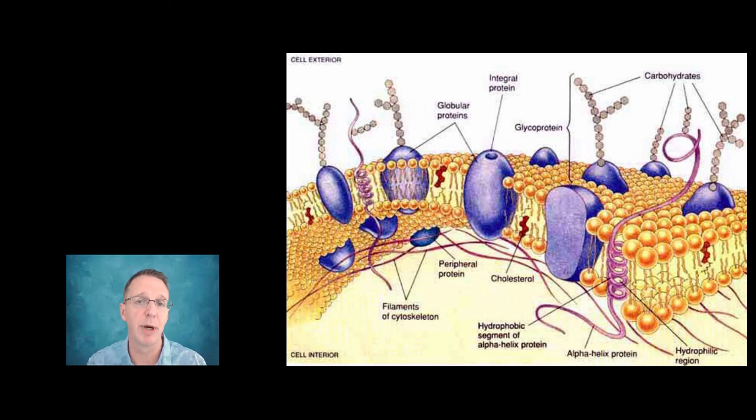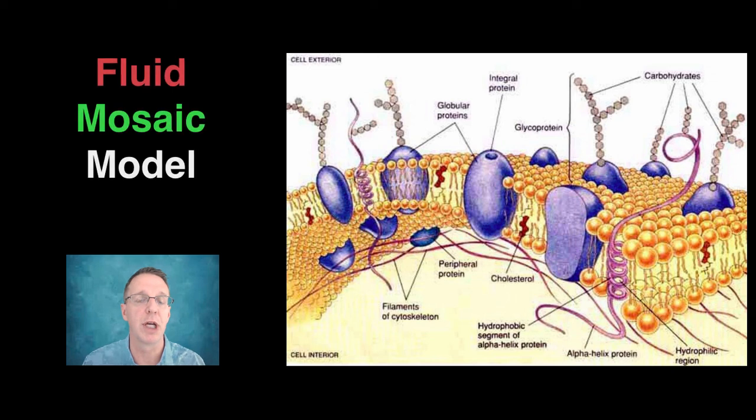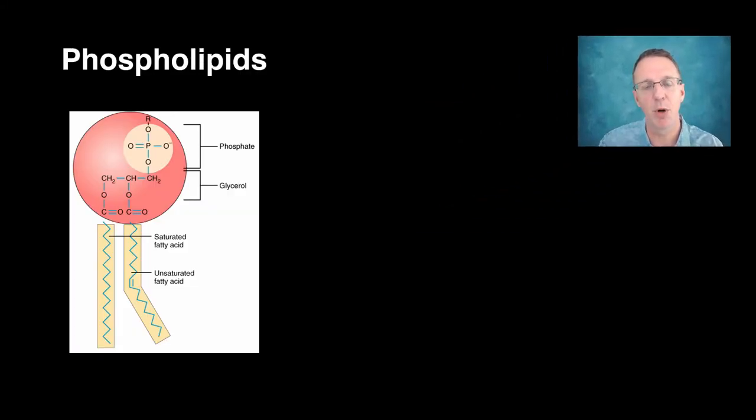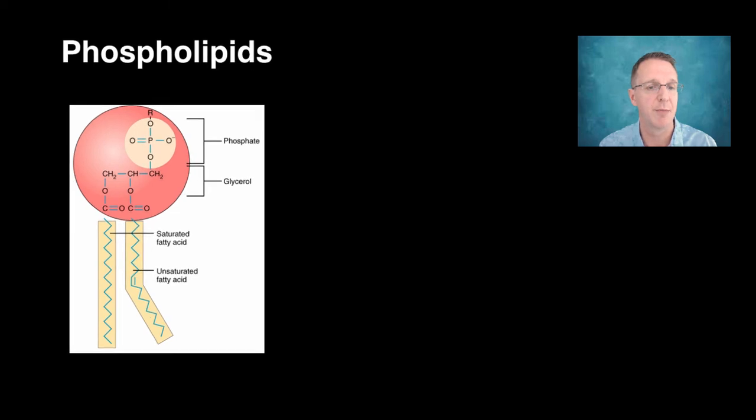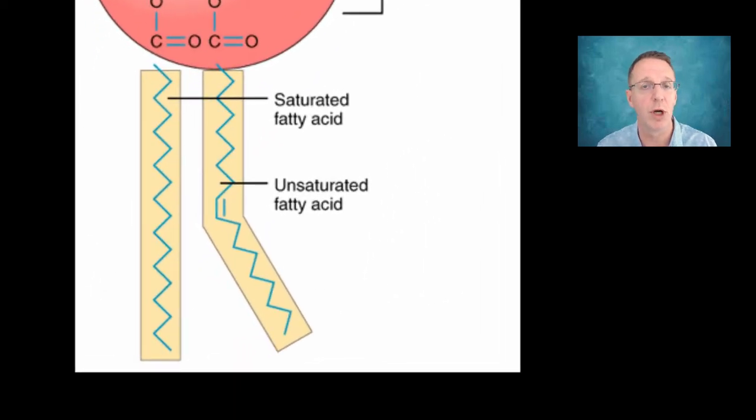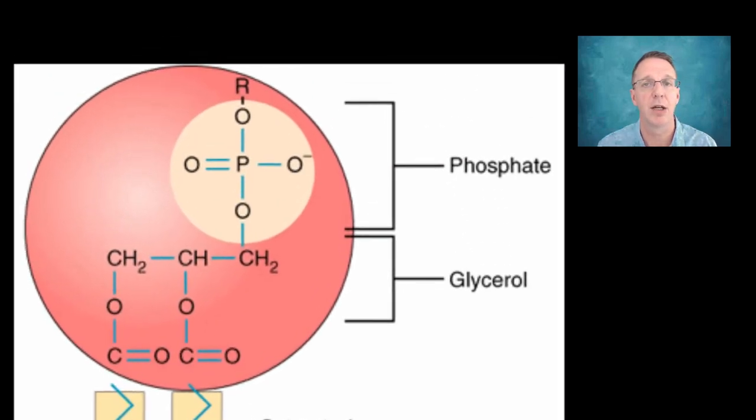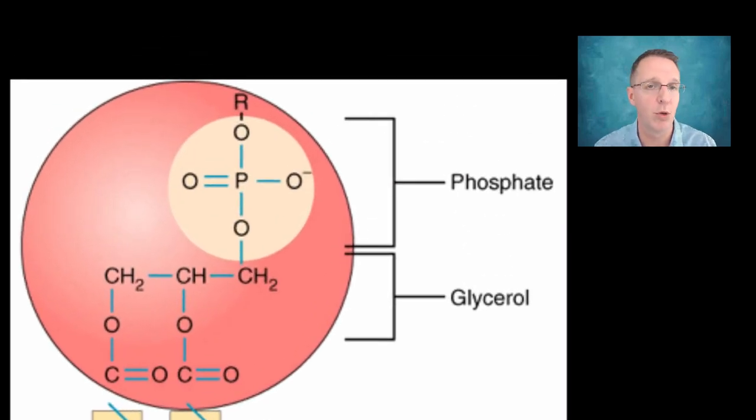These biological membranes follow a model called the fluid mosaic model, which we'll talk a little bit about now. The fluid part comes from the structure of the phospholipids, which are amphipathic molecules having both nonpolar or hydrophobic fatty acid tails on the one end and hydrophilic, polar heads made up of the phosphate group at the top.